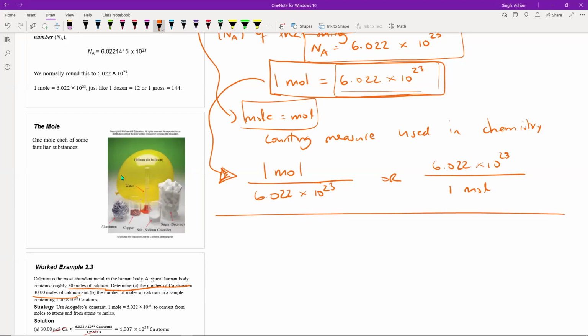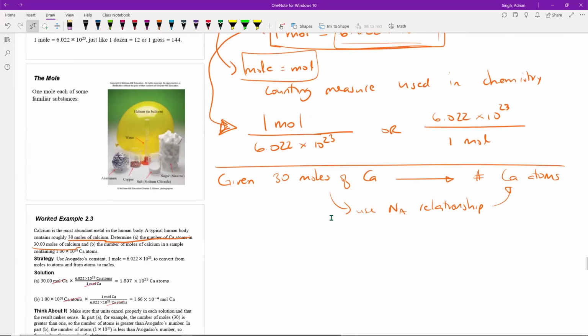Okay, so we want to organize the information. So we're given here 30 moles of Ca. What we want to get to is the number of calcium atoms. And what we're going to use now is the mole and Avogadro's relationship to get from the moles to the atoms.